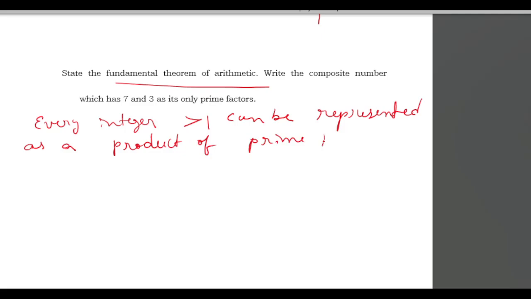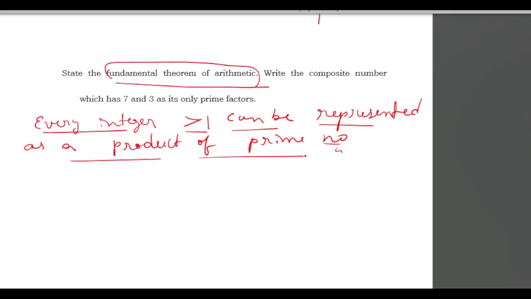This is called the fundamental theorem of arithmetic.